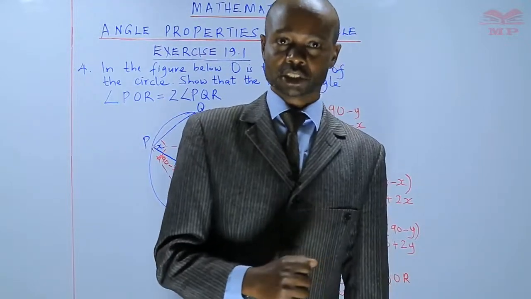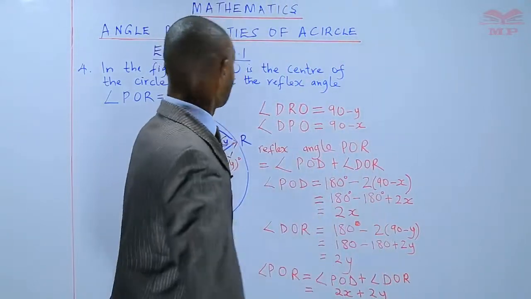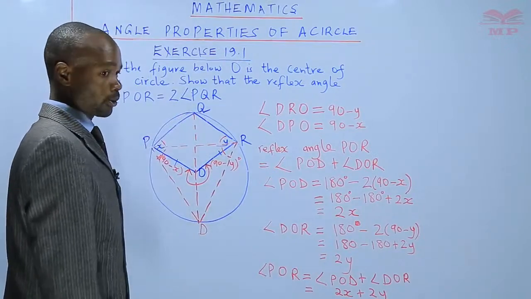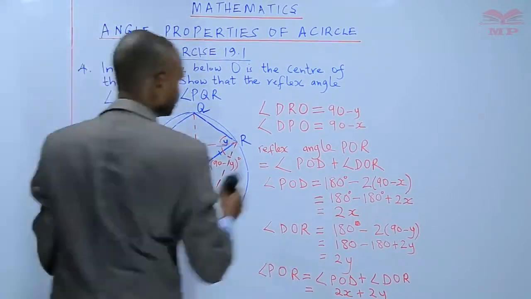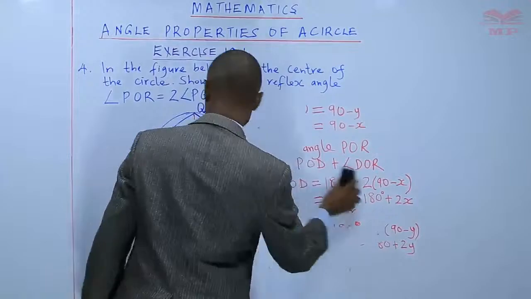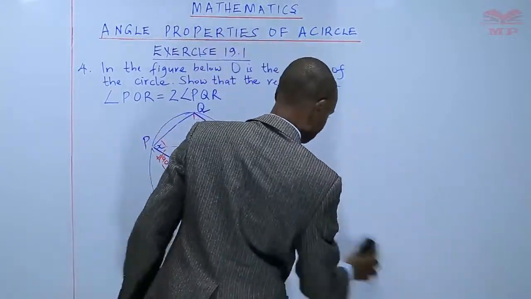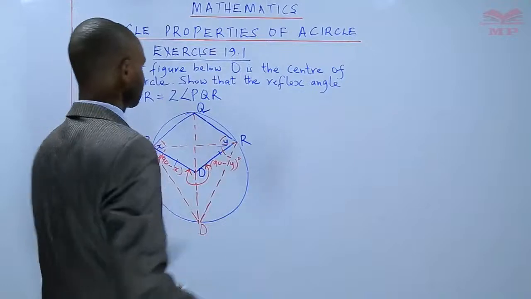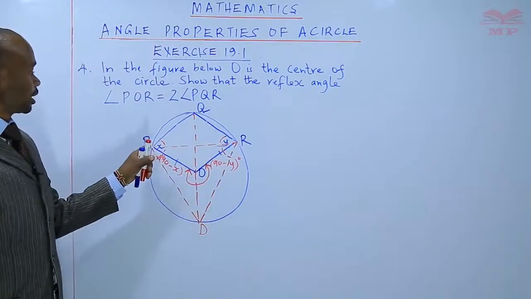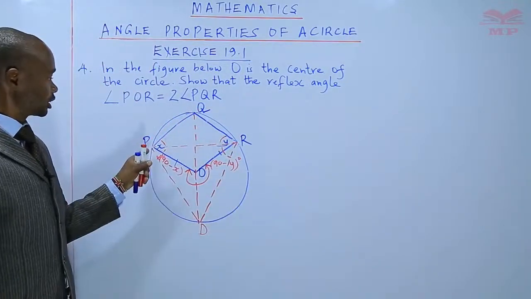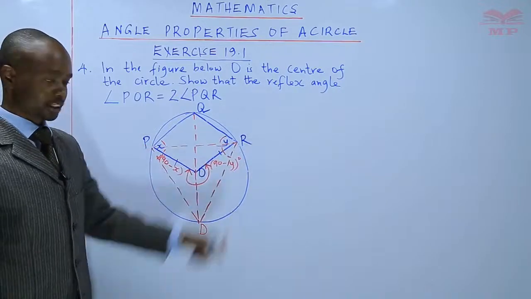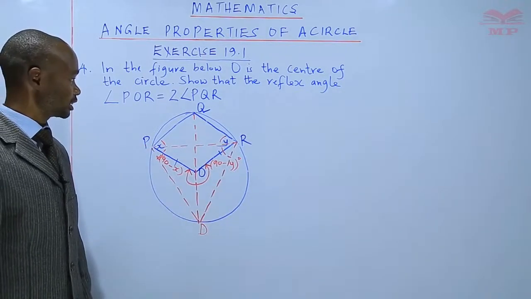So we should go straight to finding the value of PQR. Now, arising from that concept, PQR added to PDR, their value is 180 degrees.